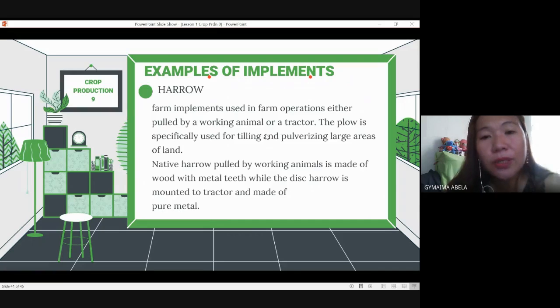Like the plow, the native harrow is pulled by working animals, while the disc harrow is mounted to a tractor. The native harrow has metal teeth and a wooden frame, while the disc harrow is made of pure metal.